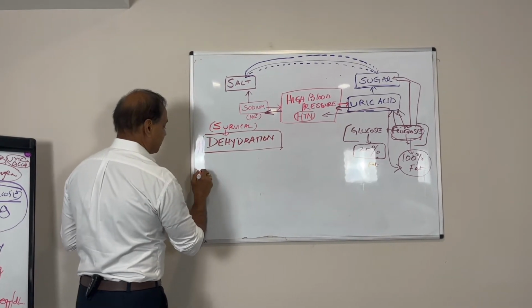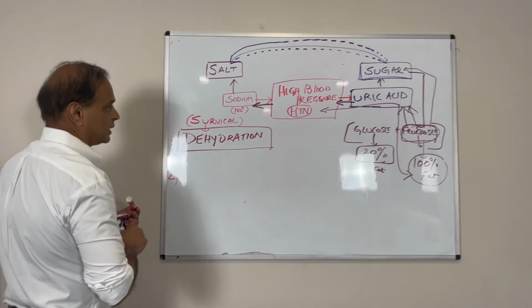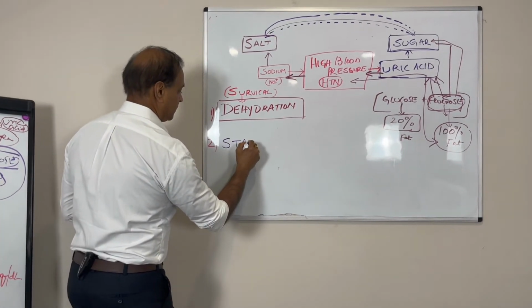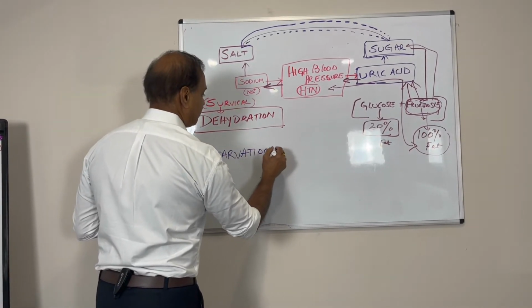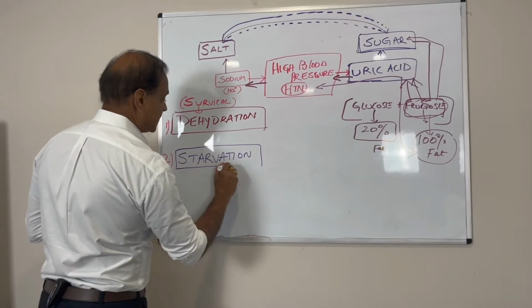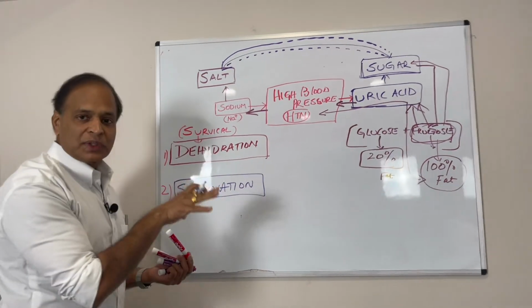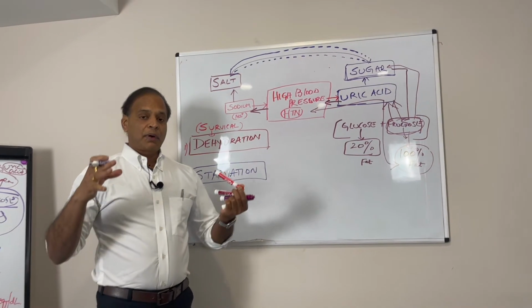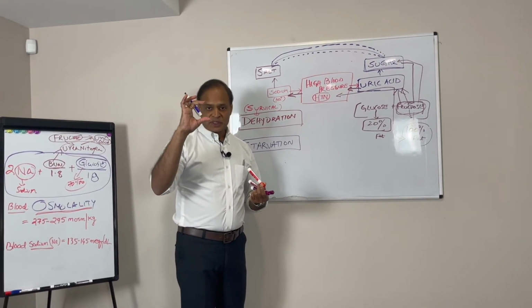The second survival signal is starvation. So when you don't have access to food, these are very powerful survival signals. So what happens when you get this survival signal? Remember, I did a demo where when your body loses water, your blood becomes more concentrated.